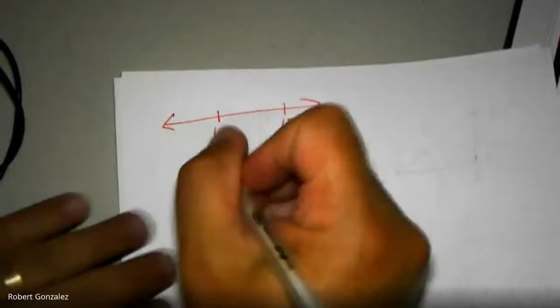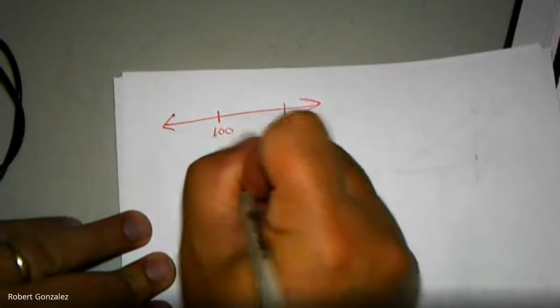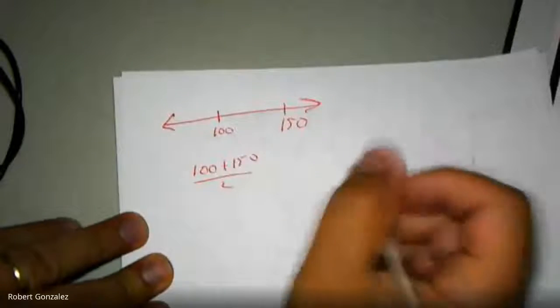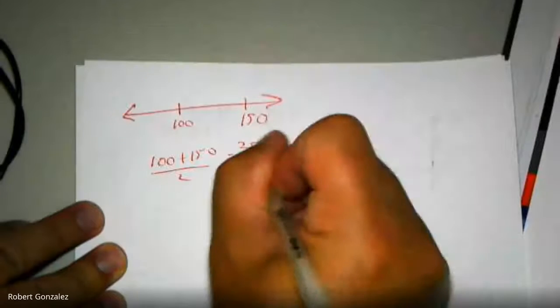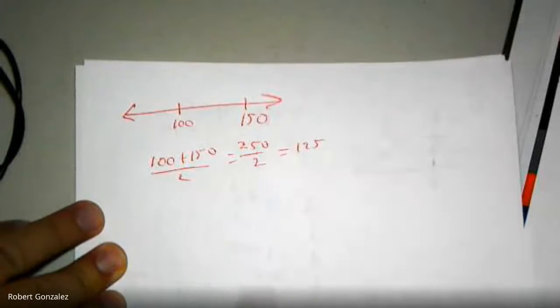I like to see who gets it. All right. 125. Do you know how I found it? I took the average. 100 plus 150 divided by 2 gives me 250 over 2, which is 125.